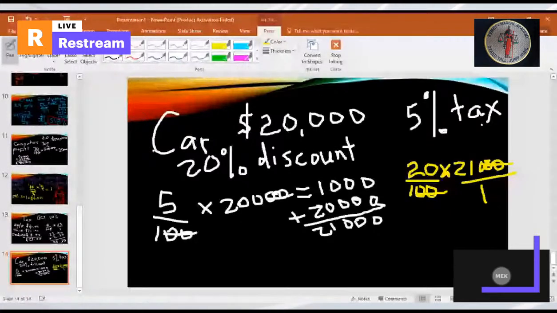Since this is a discount, now we're going to subtract that from the 21,000. So 21,000 minus the 4,200 gives us 16,800.